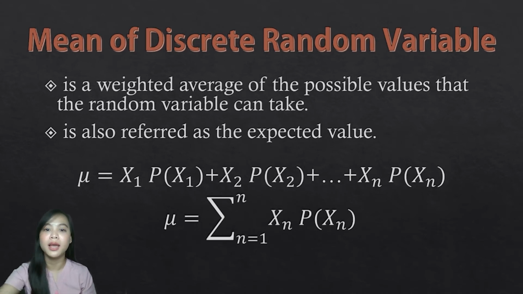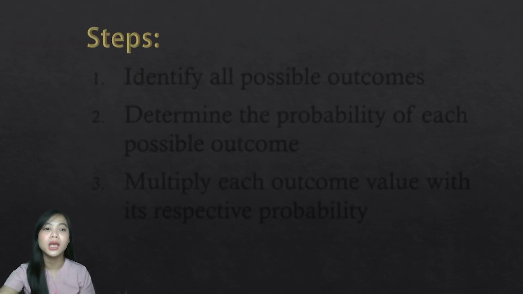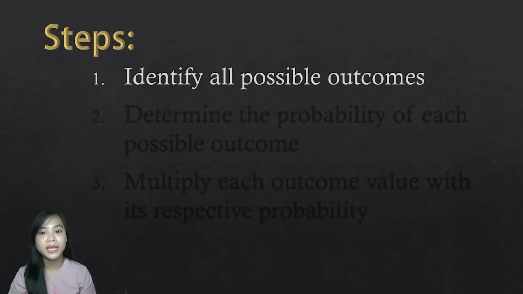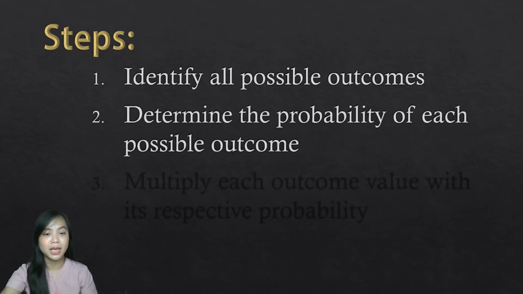So how? Let's have the steps in computing the mean of a discrete random variable. First, we need to identify all the possible outcomes, the possible values of our random variable, let's say x. Second, we need to determine the probability of each possible outcome.